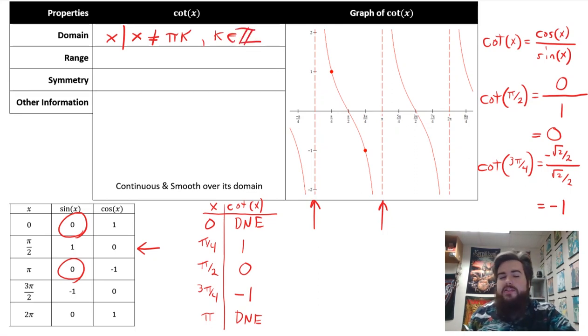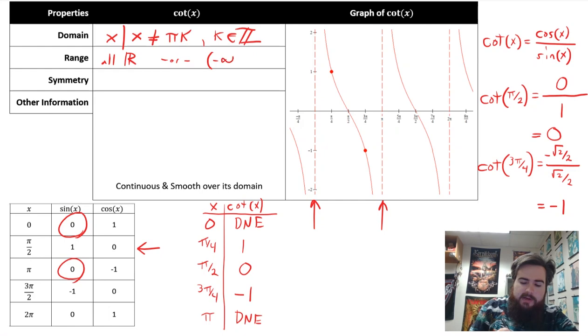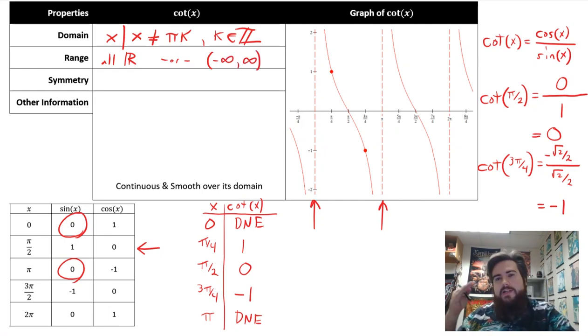The range, though, is still going to be the same. The range is still all real numbers, or negative infinity to positive infinity, as cotangent would be the ratio of adjacent over opposite, which can take any shape.